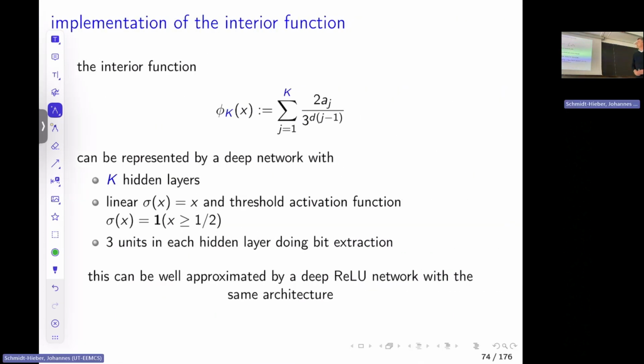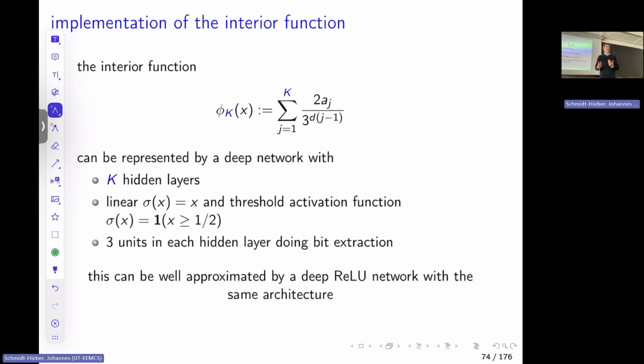Okay, and now this interior function looks like something you can do with one hidden layer or so. But my argument is that to learn this interior function, if you have the k here, you'd better take k hidden layers, because there are many techniques in neural networks with depth where every layer you can extract the next bit of your number.